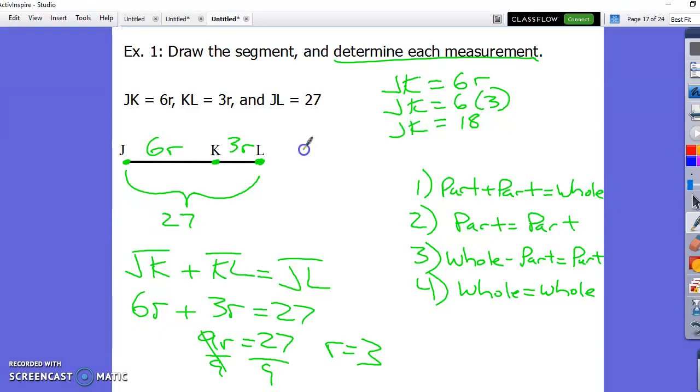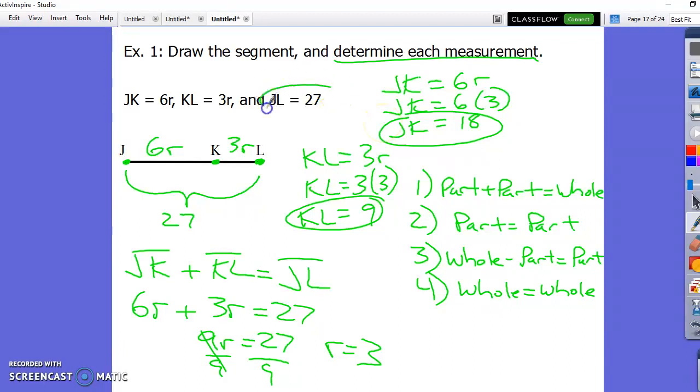We are also going to do a similar thing with KL. KL equals 3R, and then we will substitute in 3 for R, and so KL equals 9. And we already know that JL equals 27. Okay.